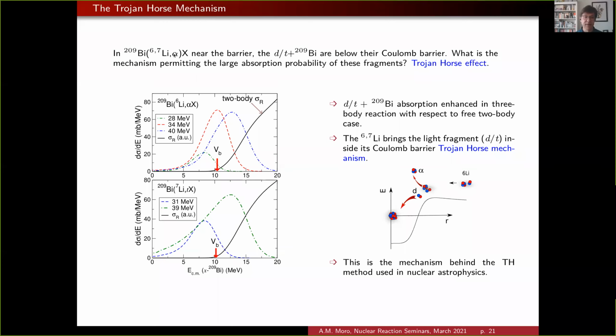So a priori, it's not obvious how this incomplete fusion or this absorption of this light fragment can be so large, because, as I said, the respective energy is below the Coulomb barrier. So here we have to resort to a mechanism that is also known. This is not new. It is called the Trojan horse mechanism.